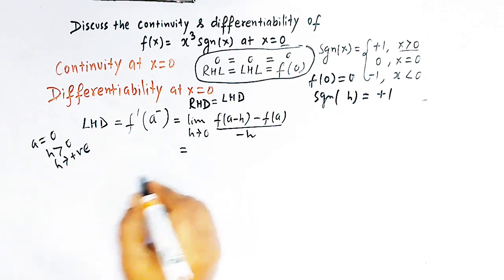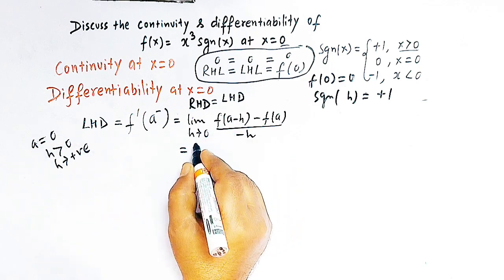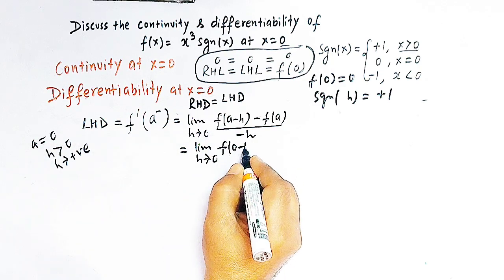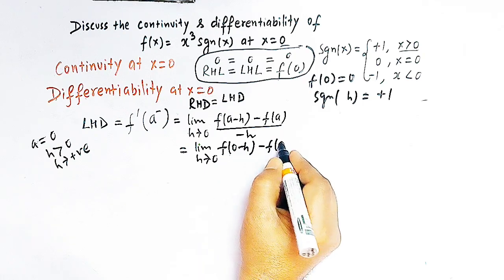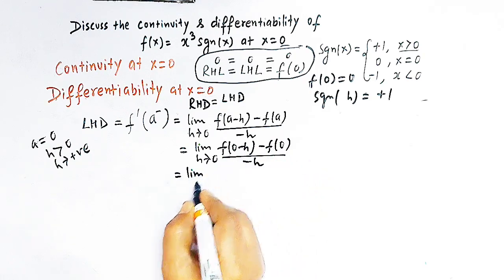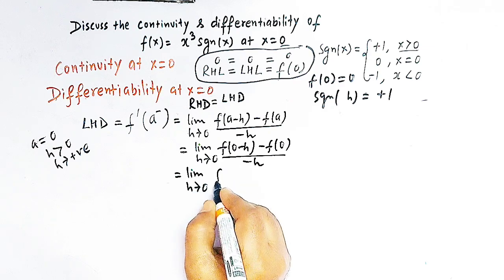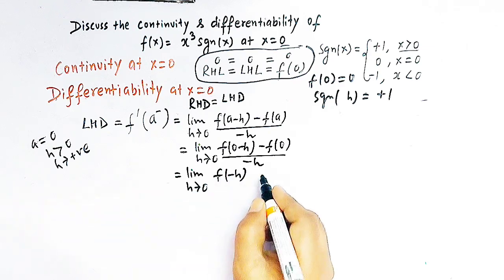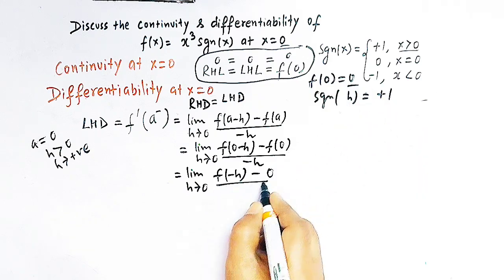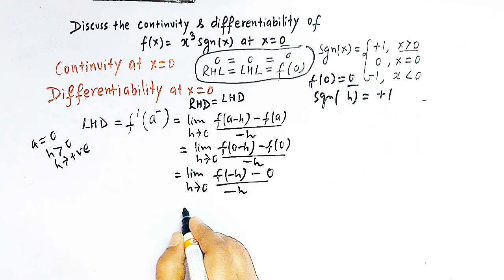So now taking a equal to 0, we have limit h tends to 0, f of 0 minus h minus f of 0, divided by minus h. So this is limit h tends to 0, f of minus h, and f of 0 is equal to 0, divided by minus h.